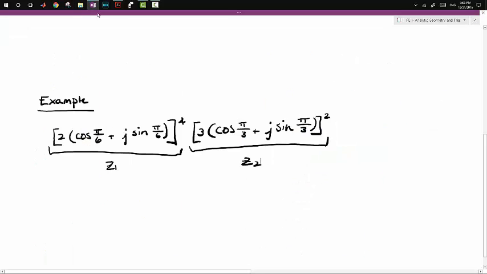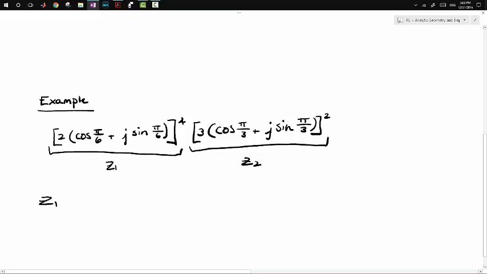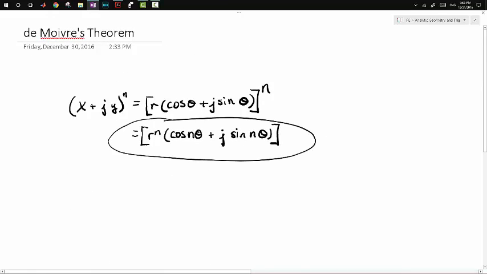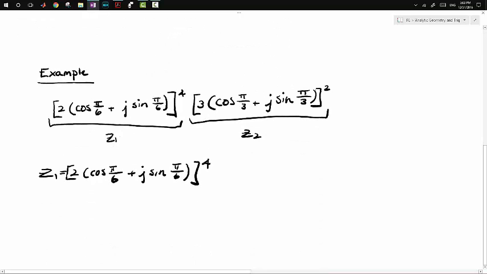So for this first term, z1, which is 2 times cosine pi over 6 plus j sine pi over 6, quantity raised to the fourth power, we can use this formula here, and when we plug all those values in, we'll get 2 to the fourth.